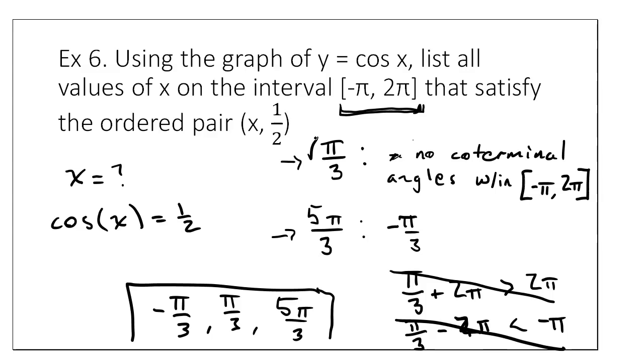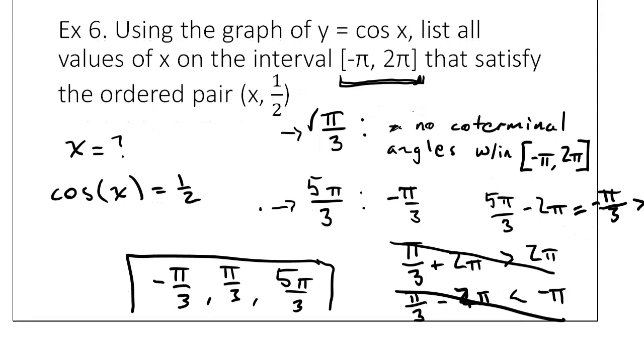So now we look at 5 pi over 3, and we try to find coterminal angles to this angle that are within the range of the problem. What I found was that I could subtract 2 pi, and 5 pi over 3 minus 2 pi is negative pi over 3, which is in fact greater than negative pi, so it satisfies our problem's conditions.